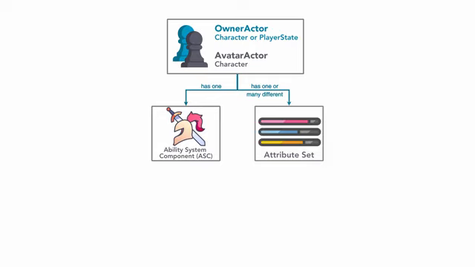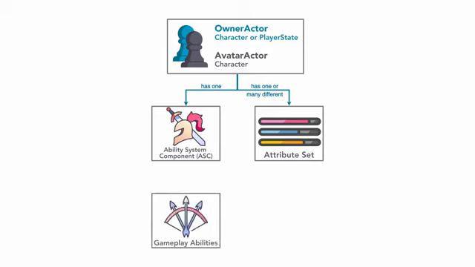The owner actor can have a single or many attribute sets. The attribute set defines and manages changes to attributes, which are basically floats that can represent stats like health, stamina, and so on. It's up to you if you want actors to share one big attribute set and ignore some attributes, or if you want to have an individual combination of attribute sets for each respective ASC owner actor class.